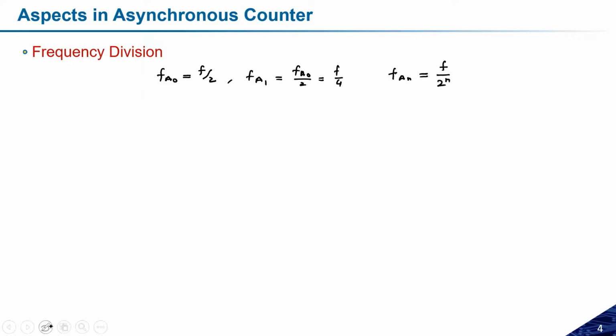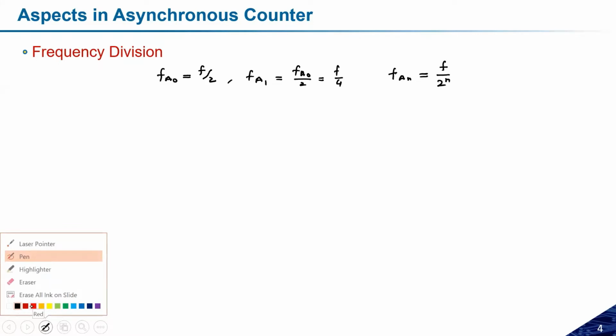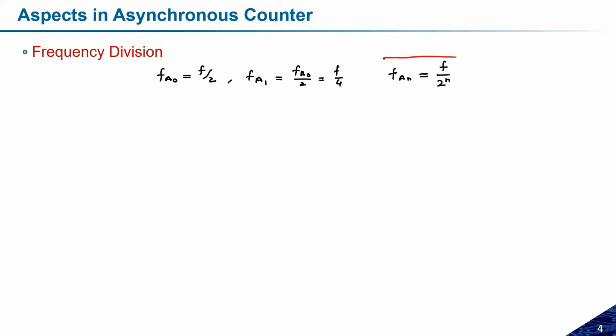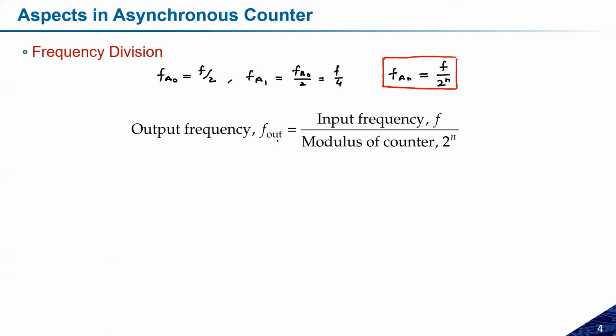This is the formula showing how the frequency gets divided after each state in the flip-flop. So the output frequency is the input frequency divided by the modulus, where n is the number of flip-flops, and accordingly you can decide.